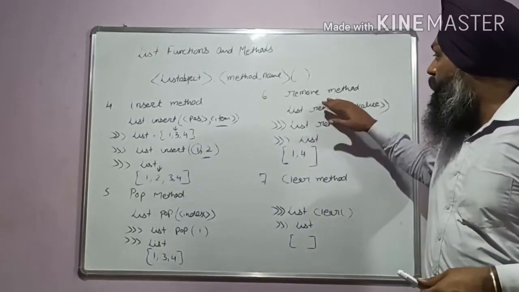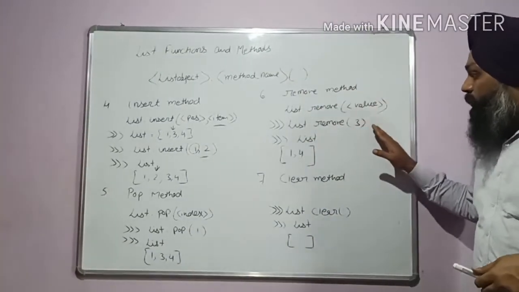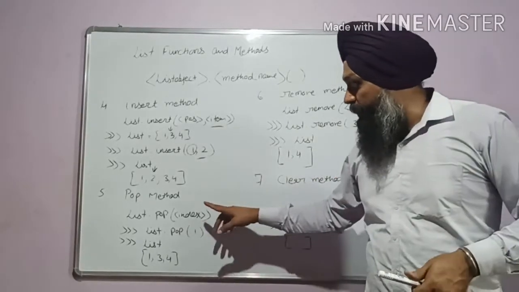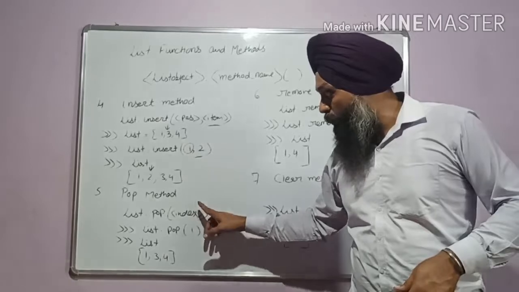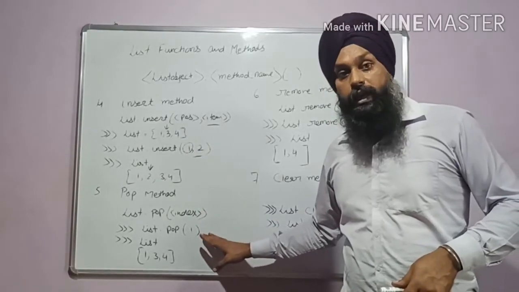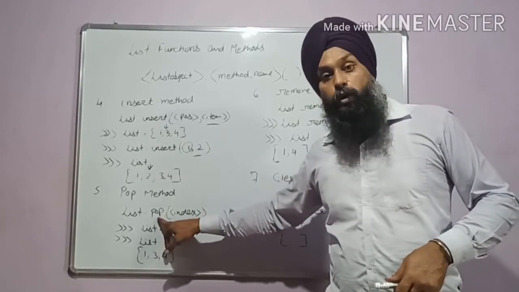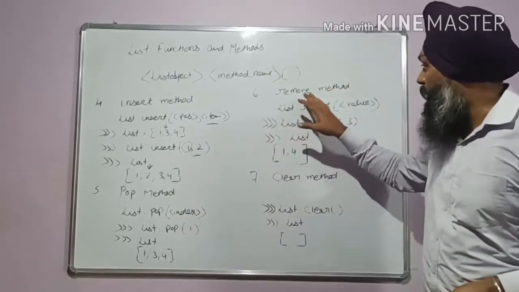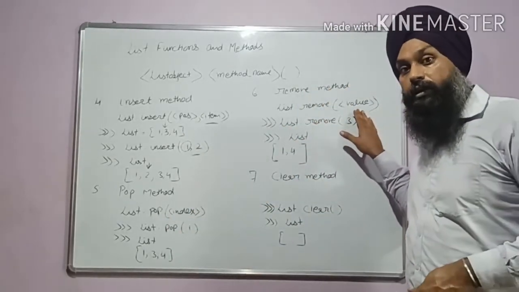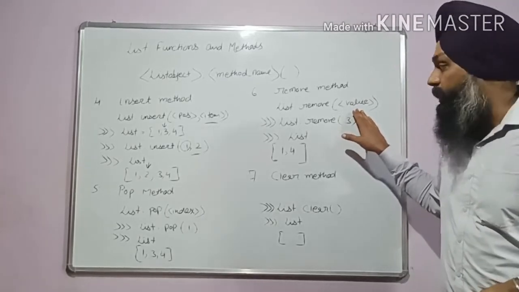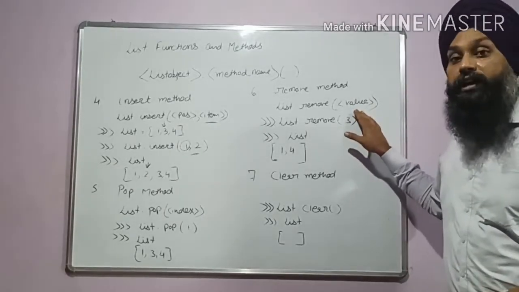Next I have the remove method. If I don't know the index of the item to be deleted, then it is not possible to delete that element with the help of the pop method. So here we can delete the element without specifying its index. We can delete the element by its value.